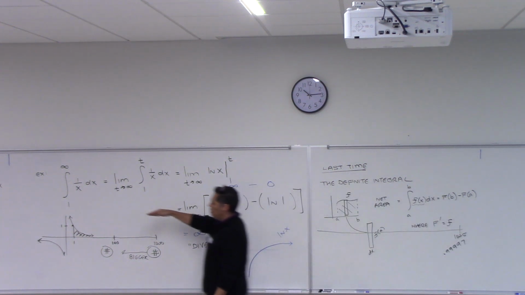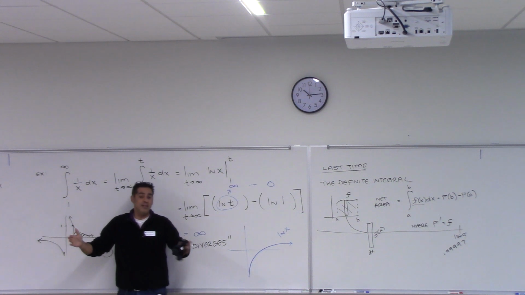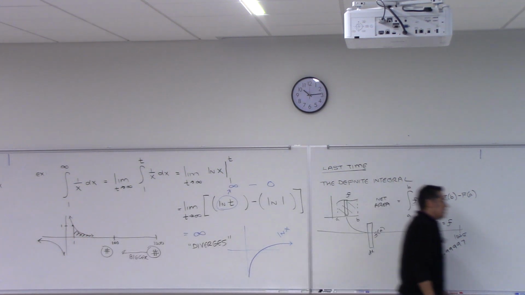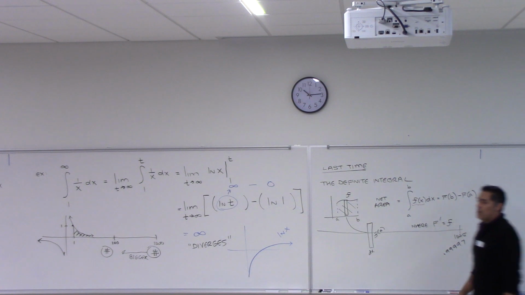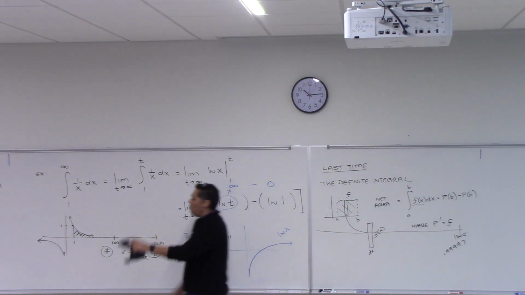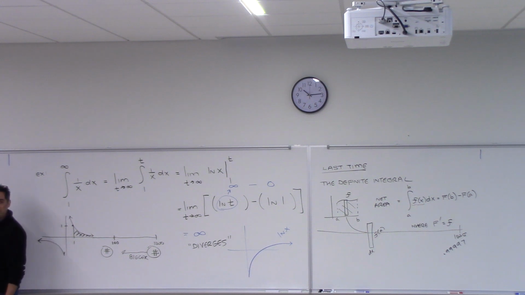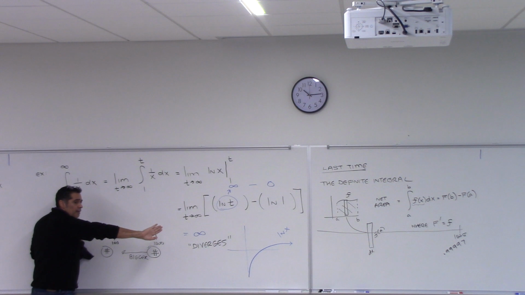Look at our interval. We go from where? 1 to infinity, right? That's an infinite interval. When you have infinite intervals, your integrals will look like one of the following 3 types. What I've just shown you here is the one on the far left. We were going from a to infinity, so from some number to the right forever.